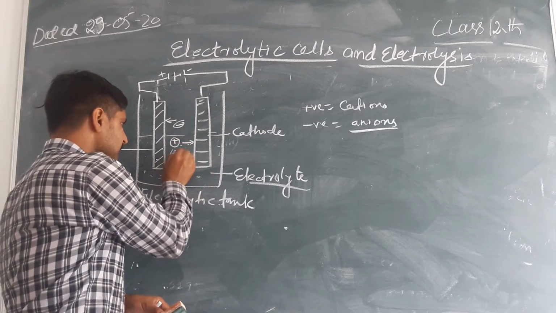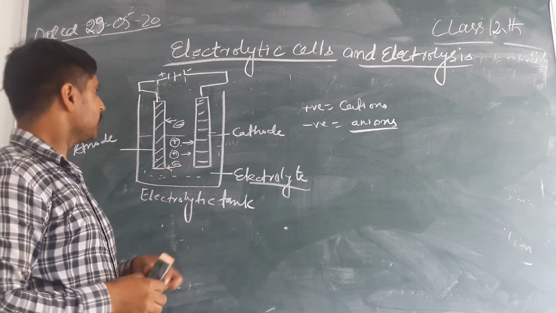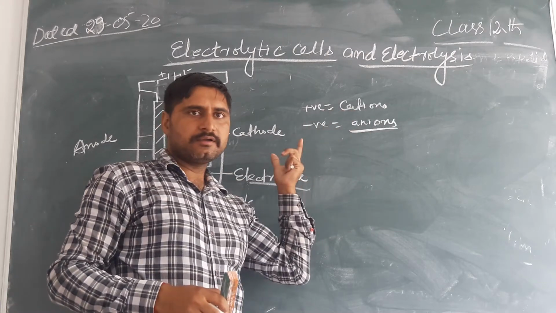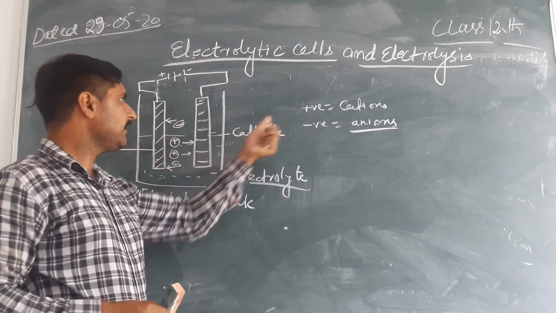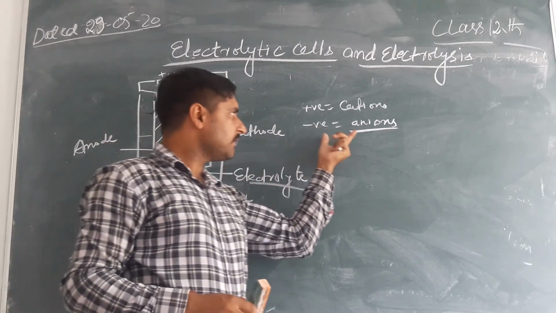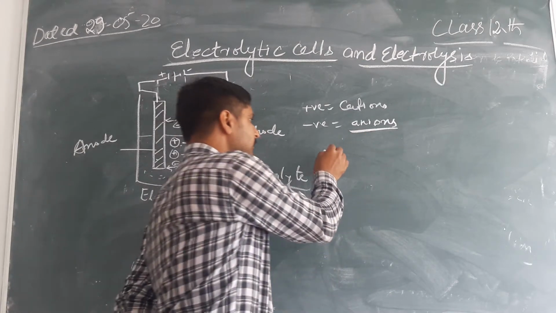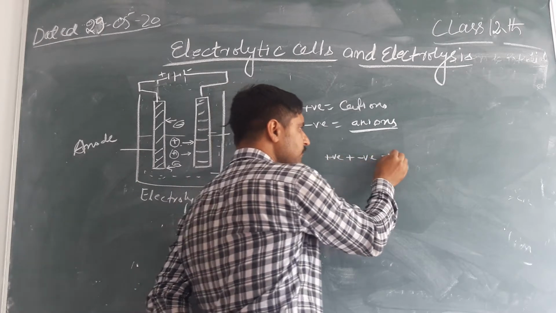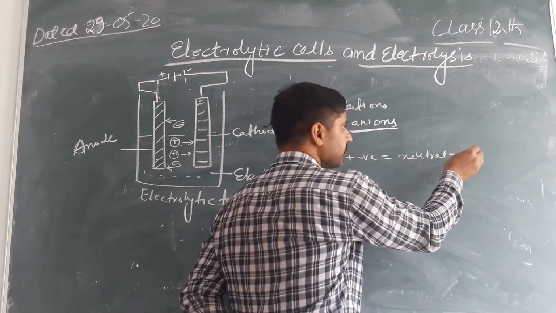Now, when positively charged ions move towards the cathode and negatively charged ions towards the anode, they form neutral molecules. The movement of positive and negative ions to form a neutral molecule is called primary change.